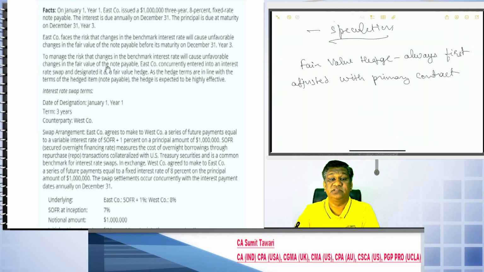To manage this risk, each company concurrently enters into an interest rate swap and designates it as a fair value hedge. As the hedge terms are in line with the terms of the hedged item, the note payable, the hedge is expected to be highly effective. So what happened?